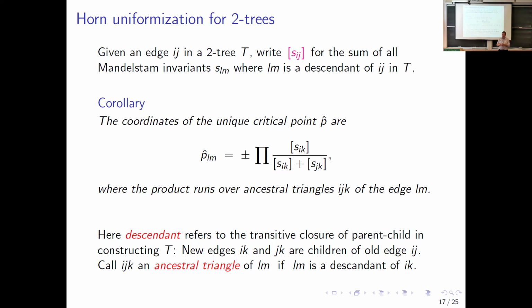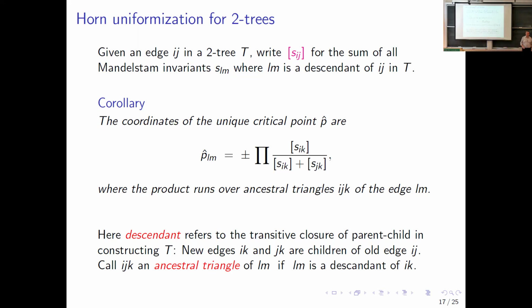On such a triangle, I'm going to call it an ancestral triangle. So you multiply over all ancestral triangles, and down here is the definition. Descendant refers to the transitive closure of the parent-child relation in constructing T, and ijk is an ancestral triangle if there's an order to this, so LM has to be a descendant of ik.